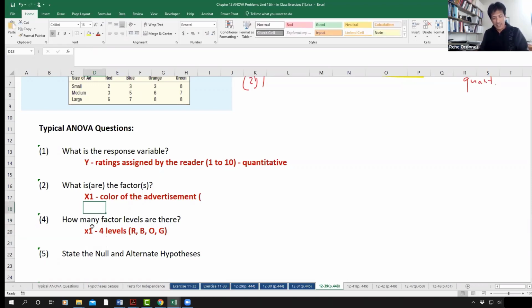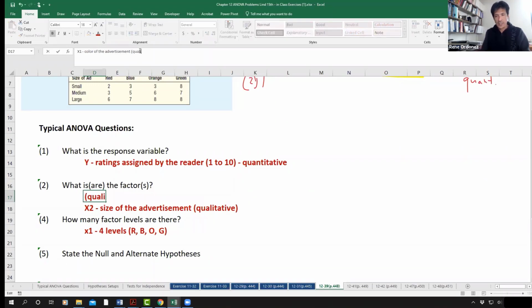The other factor is X2, and X2 is the size of the advertisement. And size of advertisement is also qualitative.